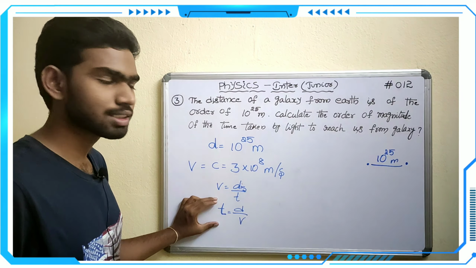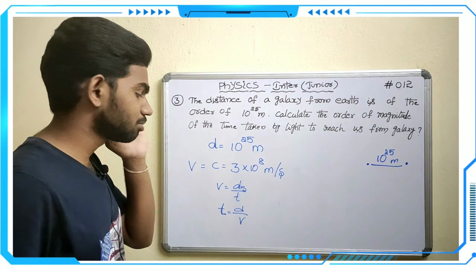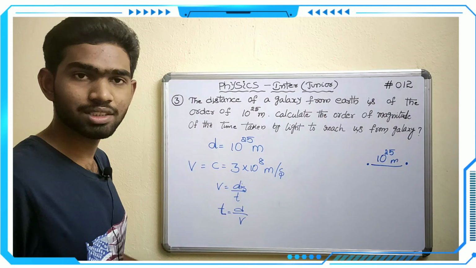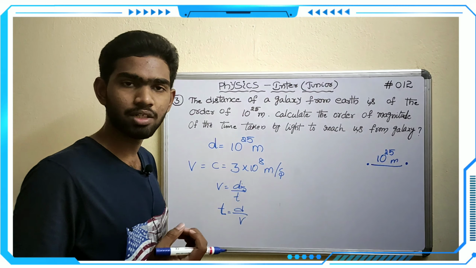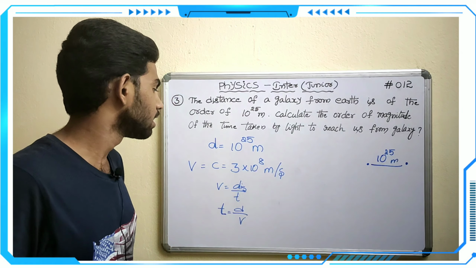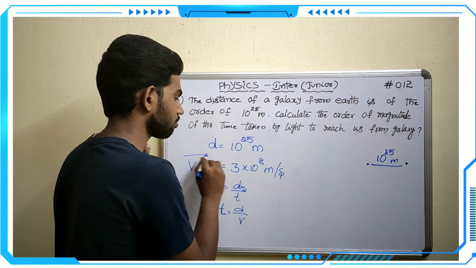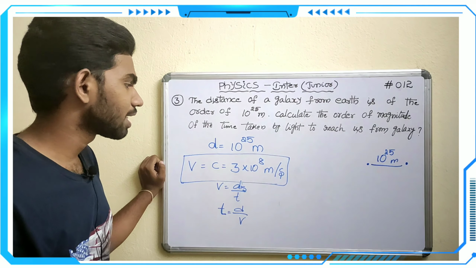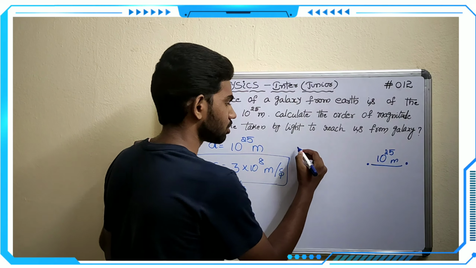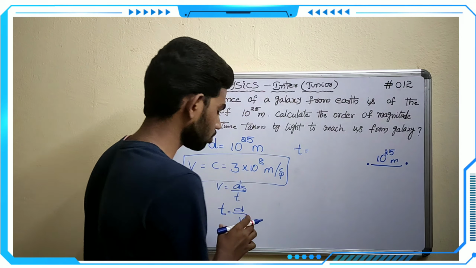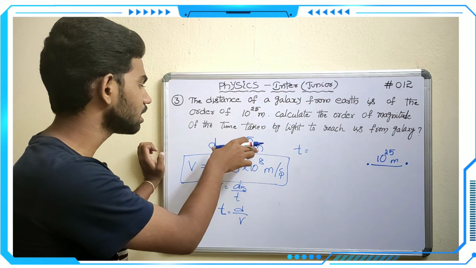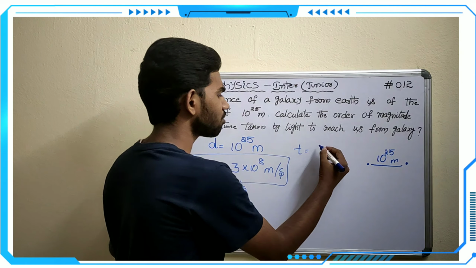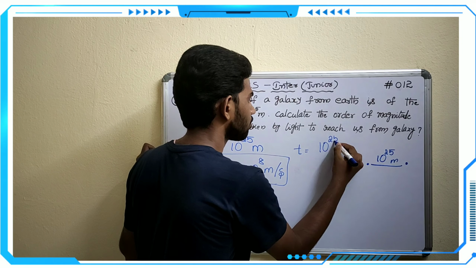So time is the missing quantity, distance is 10 to the power of 25 meters, and v, velocity, that means speed of light, is 3 into 10 to the power of 8 meter per second. It is a well known and important bit also for competitive examinations. So we have to substitute the following. T equals displacement, and displacement means the distance between Earth and galaxy, that is 10 to the power of 25 meters.